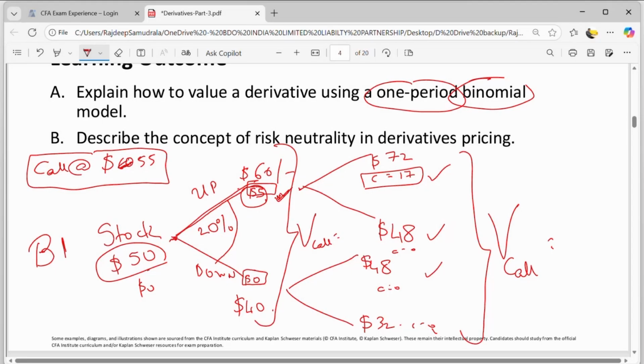Now you tell me, what's the value of the call in the one period model? It is either $5 or $0. Right or wrong? 5 or 0, clear? So you tell me, what is that one value? Will it be 5 or will it be 0 or will it be average? What value should I assign?